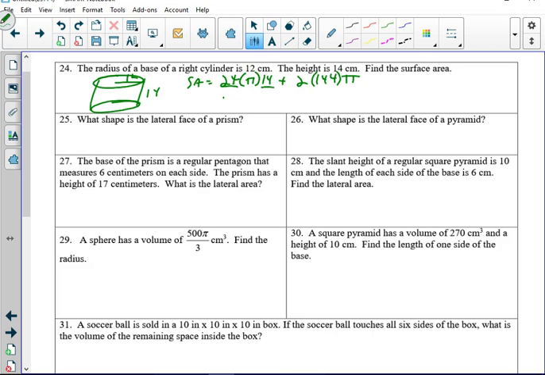You do 24 times 14, and then add 288 pi, and you get 624 pi square centimeters.